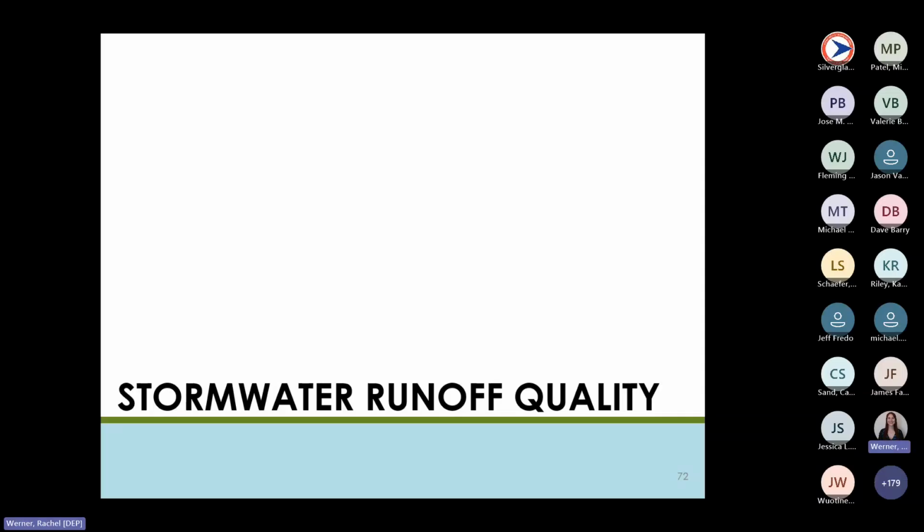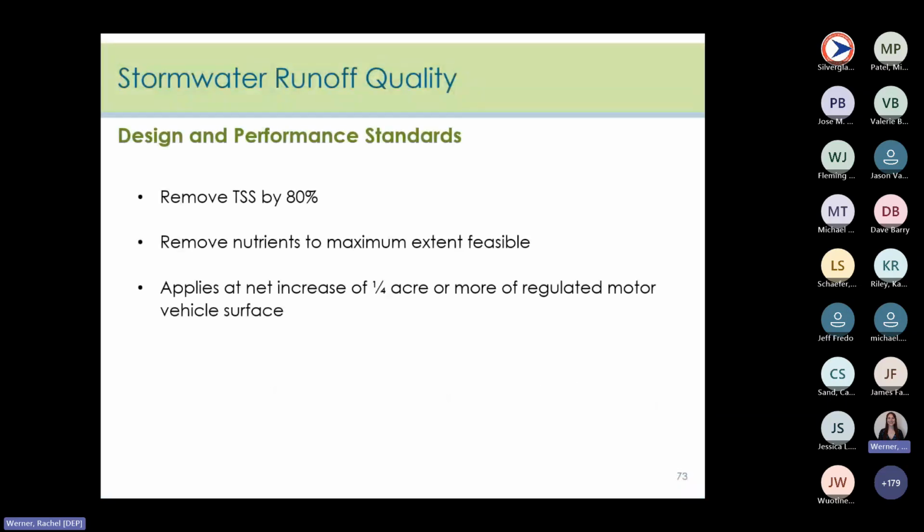The next thing that you, the reviewer, need to check is stormwater runoff quality control. Shown here are the design and performance standards for stormwater runoff quality control per 7:8. These standards are applicable when the major development results in an increase of 1/4 acre or more of regulated motor vehicle surface.